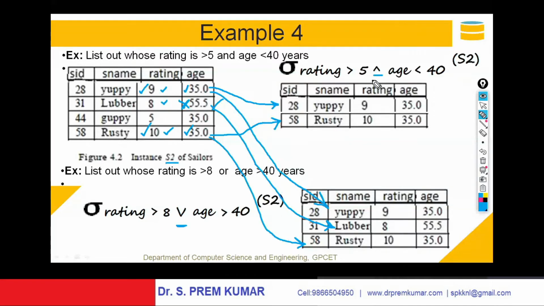So in the above example, I am using the AND operator. Both the conditions should be satisfied. And coming to below, I am using the OR operator. Any one condition should be satisfied, either the rating condition or the age condition. Please go through both the queries, just a minute.